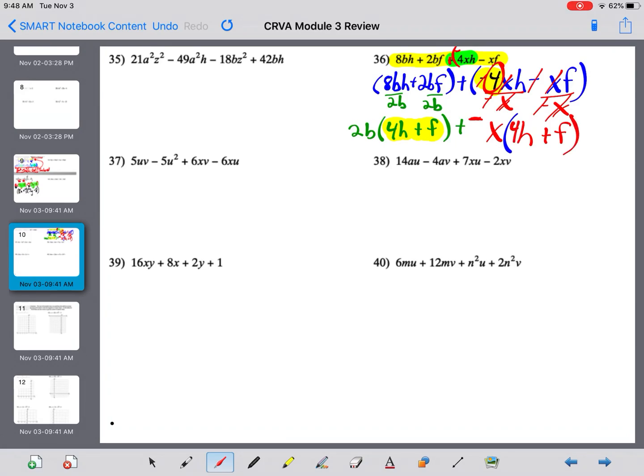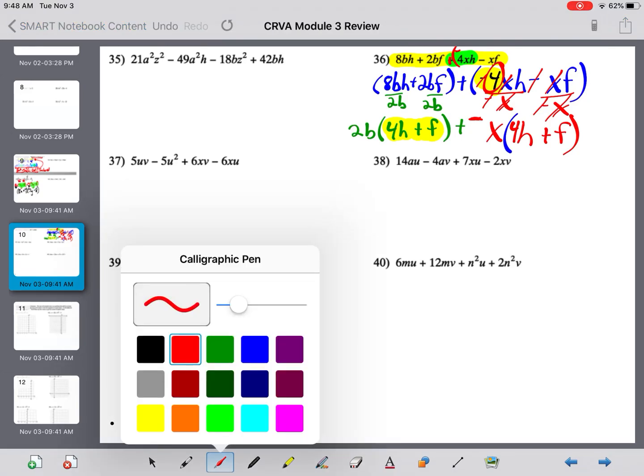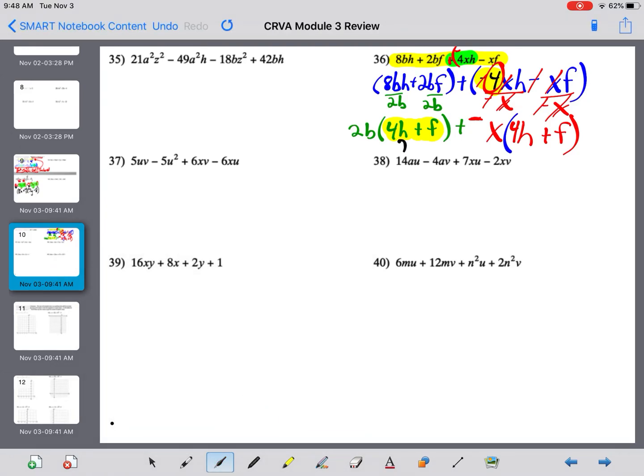Don't forget the 4. Positive 4h and a positive f. And now my parentheses actually match, so I can regroup this. It's really just an additional factoring step, but it's probably easier for folks just to remember to put the mini GCFs together and multiply it by one of the matching binomials. There we are.